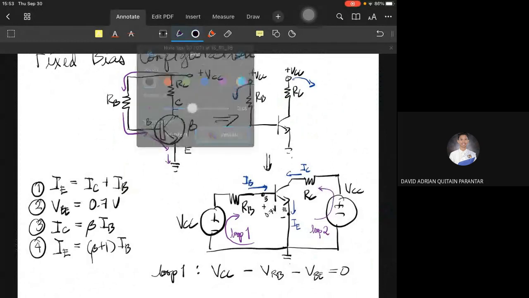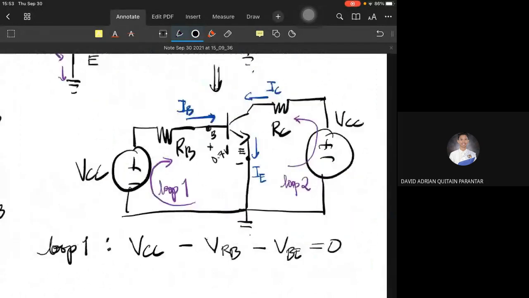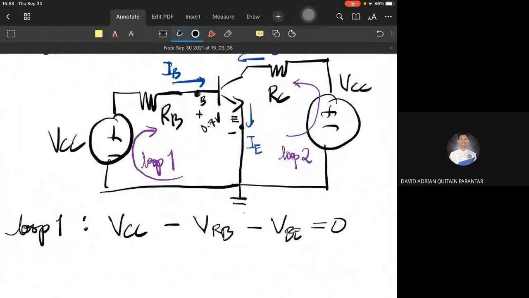It is VCC minus VRB minus VBE equals 0. And actually we have the value for VBE, 0.7. VRB is IB times resistor RB. So that is from loop 1.